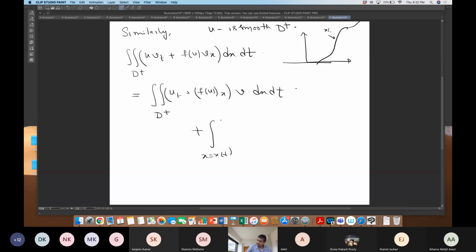So this is your x(t). So D plus, so this boundary, again no problem. The boundary term will come. Now what is the value of u at the boundary x(t)? You know, at this boundary from the right hand side, the value of u is u plus.